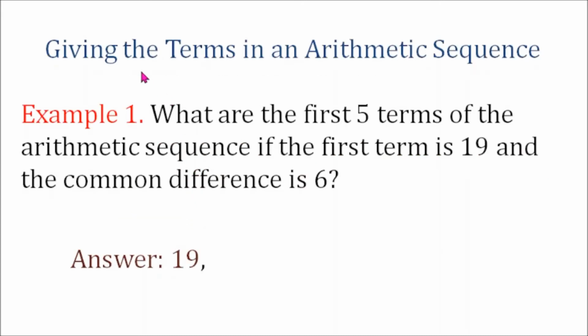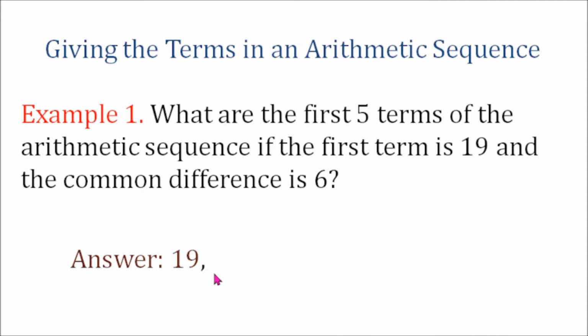Now, the next thing that we have to learn in this lesson is giving the terms in an arithmetic sequence. For example, the question is, what are the first 5 terms of the arithmetic sequence if the first term is 19 and the common difference is 6? So that means we are going to start with 19.